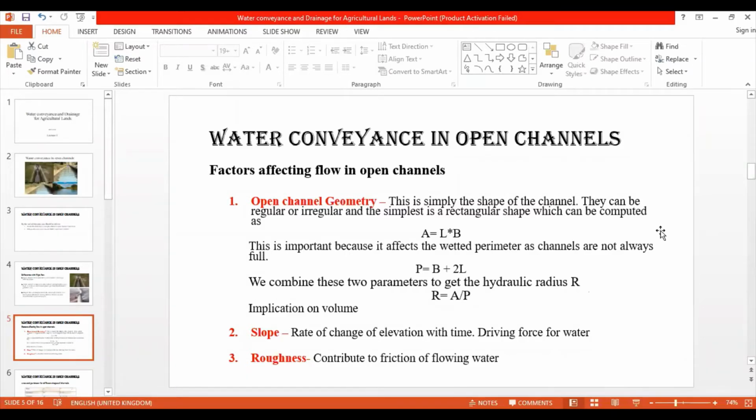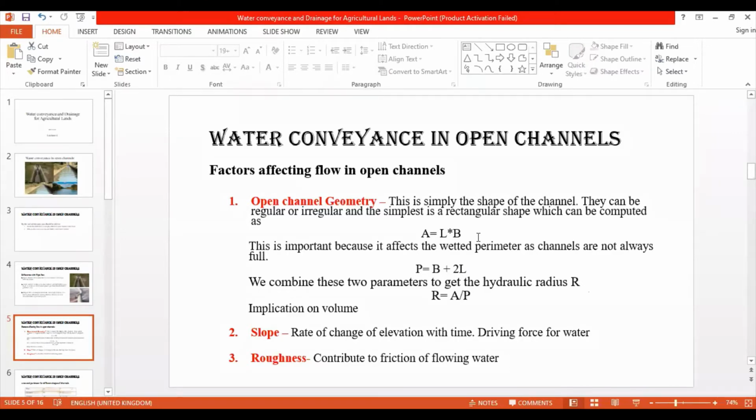When we talk of geometry, we are looking at two things: the area, and as well as the perimeter. We look at both because we can have the area of the channel, but the channel is not always going to be full.